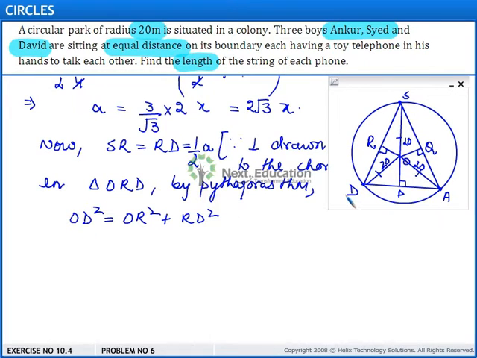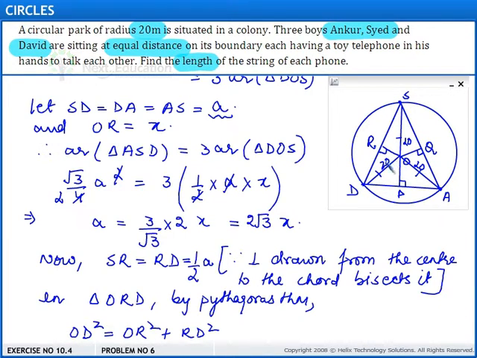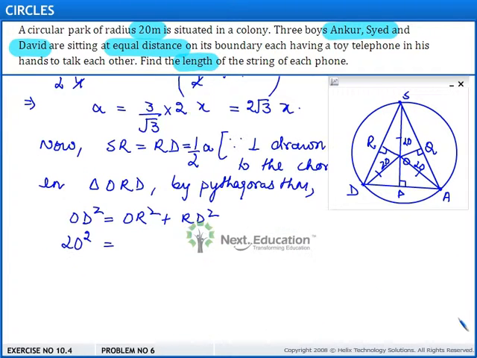Now OD is the radius of the circle, which is 20. OR is the perpendicular distance from the center to the chord, and this is equal to x, so x square plus RD is half of a.